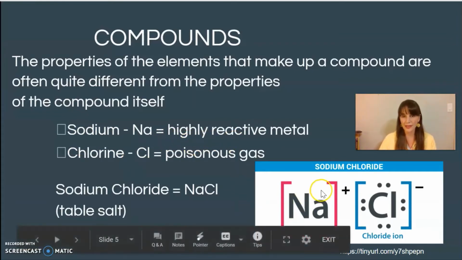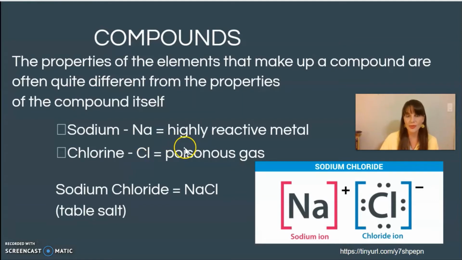It has one valence electron, which means it's very, very reactive. So we know what metals are like, right? Metals are shiny, hard solids, and good conductors of electricity. That's what sodium is on its own.